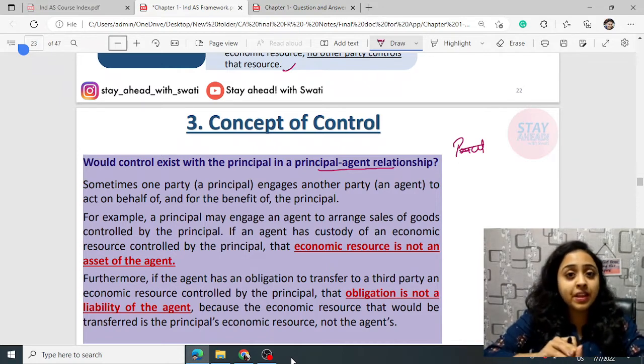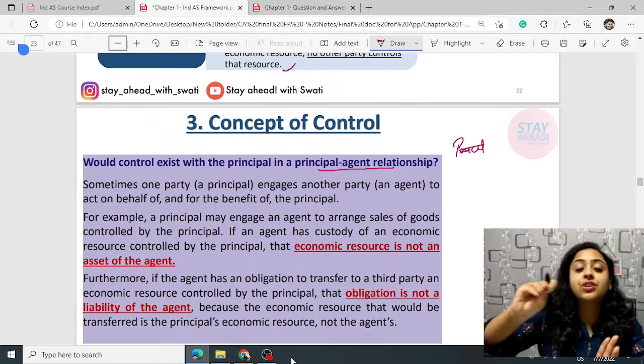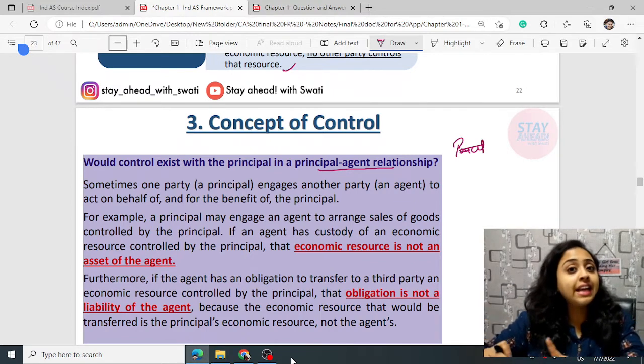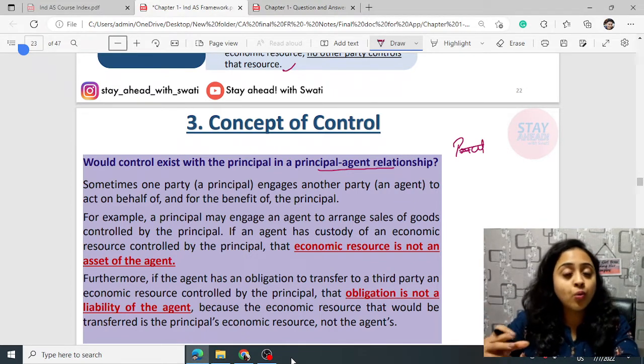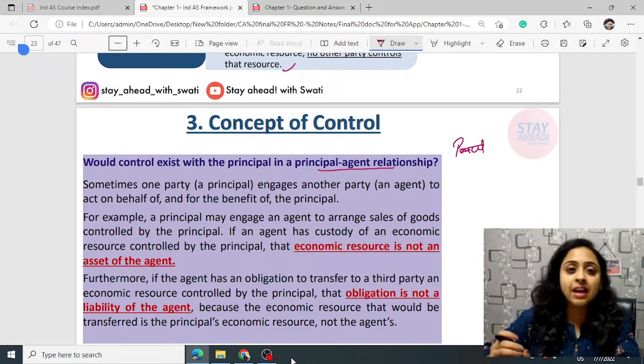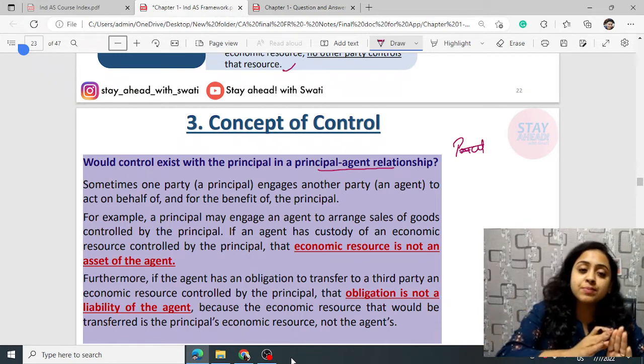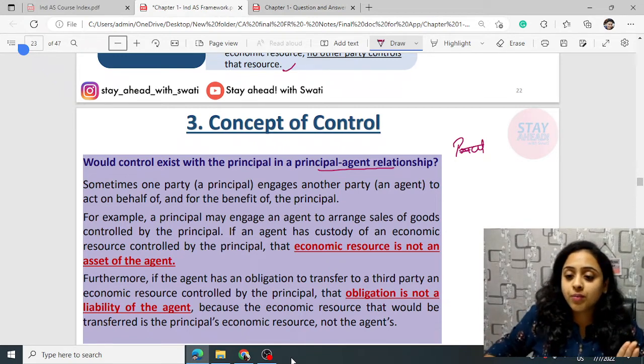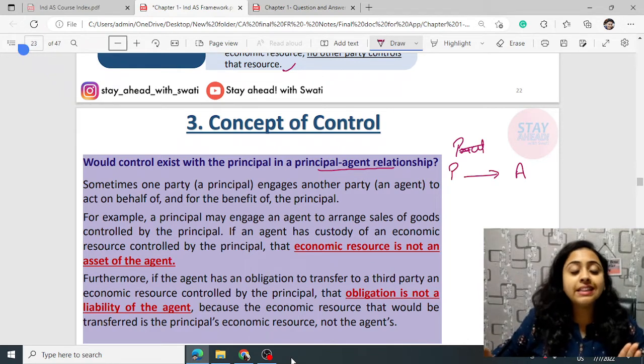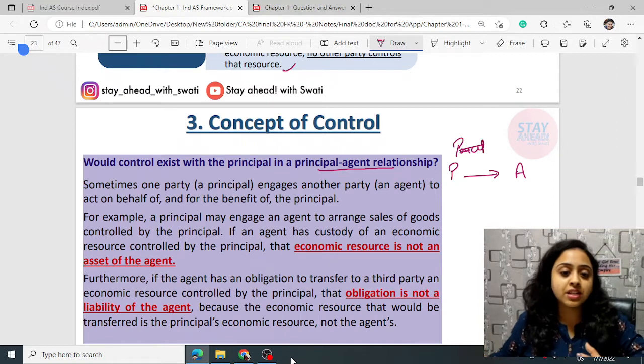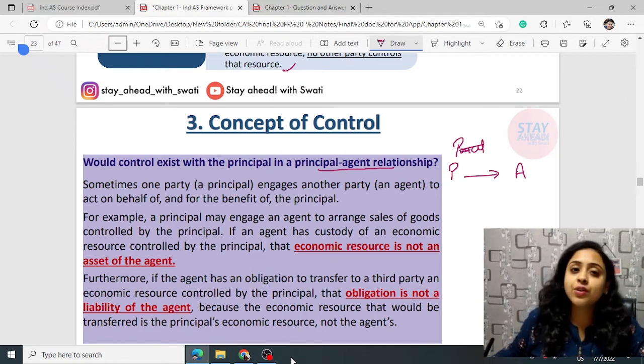If those risks and rewards get transferred to the agent, then the agent will be considered the owner of that asset, can record that asset, and it is known that control has been transferred. If control has been transferred from principal to agent, only then do we see that ownership has transferred. Otherwise you will not consider that ownership has transferred.